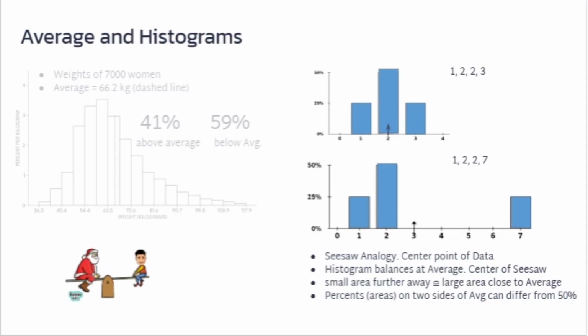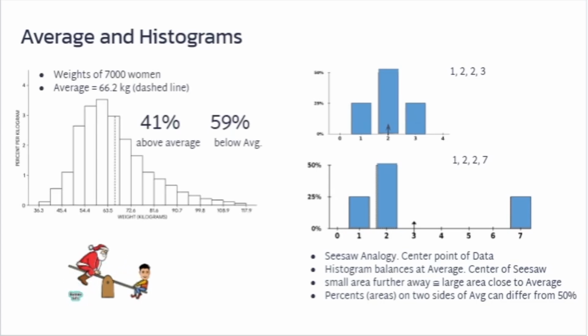Just like a small child sits farther away from the center of the seesaw to balance a large child sitting closer to the center. So blocks in a histogram work the same way. This explains why percents of cases on either side of the average can differ from 50%.